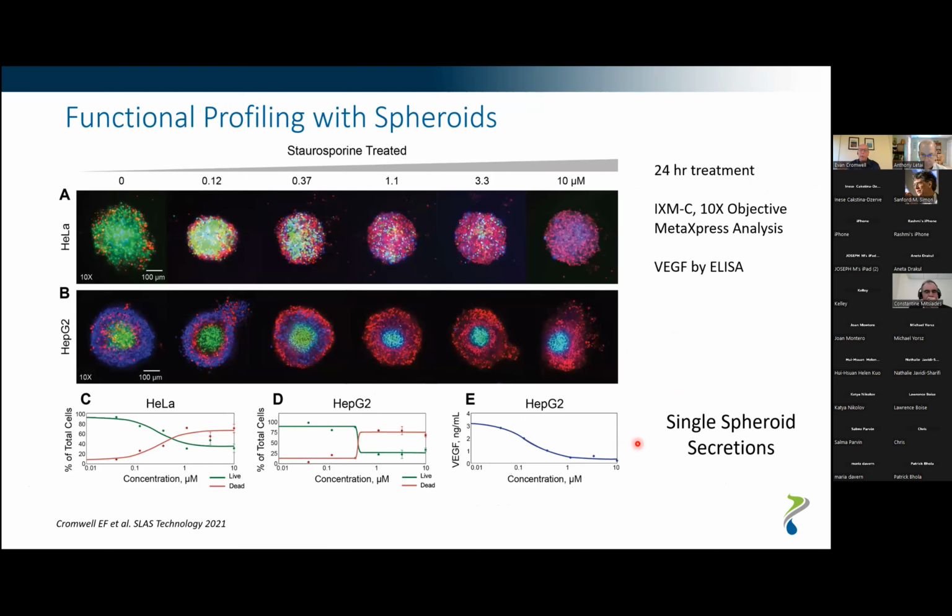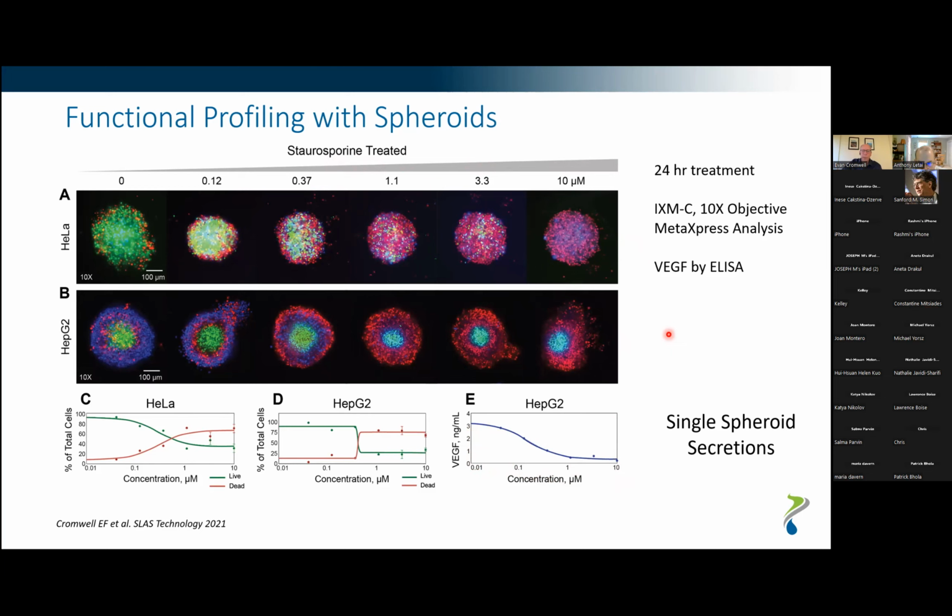Where we also want to go with it is not just looking at the viability output, but also looking at phenotypic changes and looking at secretion from spheroids. And so here we call this more multifunctional profiling. We're not only looking at the decrease in viability and change in phenotype, and this is just staurosporine treatment, but then looking at secretion of VEGF and how that decreases with increasing staurosporine concentration.